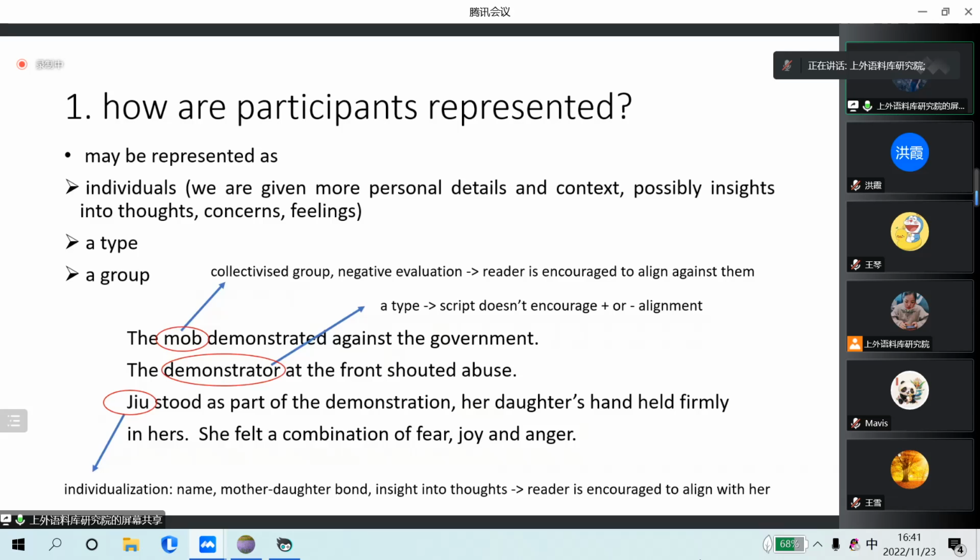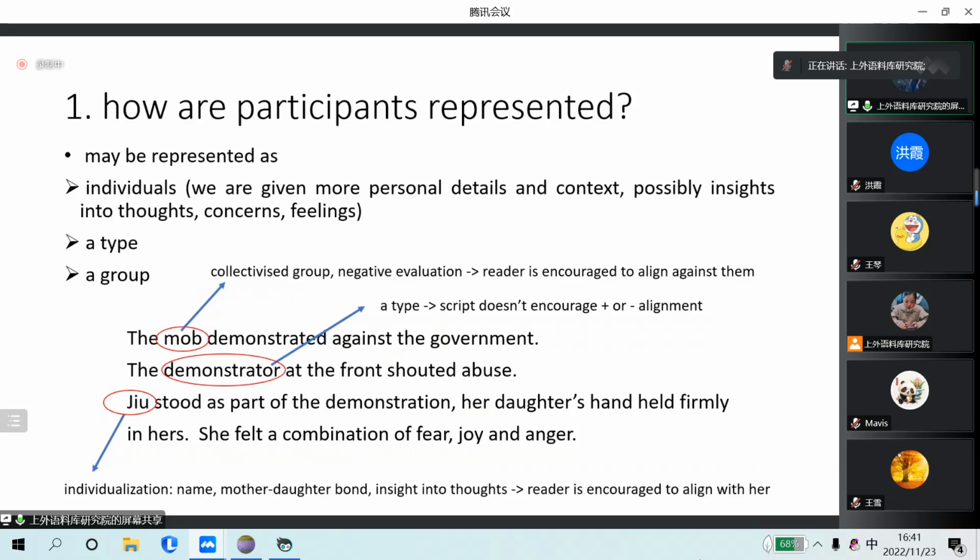Now here, if we say the demonstrator at the front shouted abuse, this demonstrator is almost faceless. It's just one of a kind. It's a type. So the script stays quite neutral. It doesn't encourage us to have a positive or a negative alignment. Whereas with the person here, we're given so much information. We know their name. We know that they have a daughter. So we feel they're more personable.